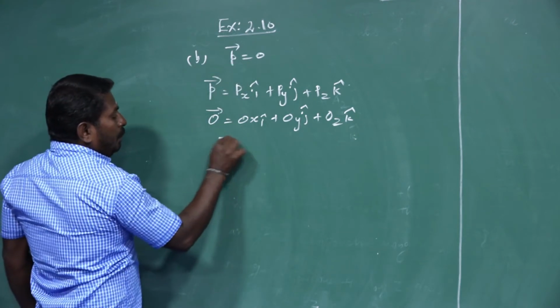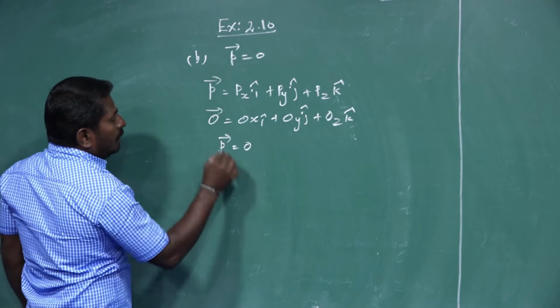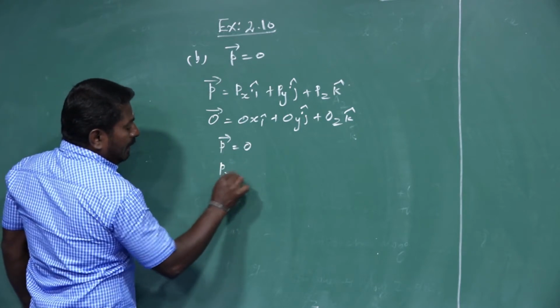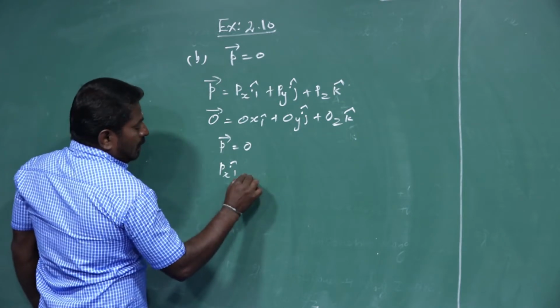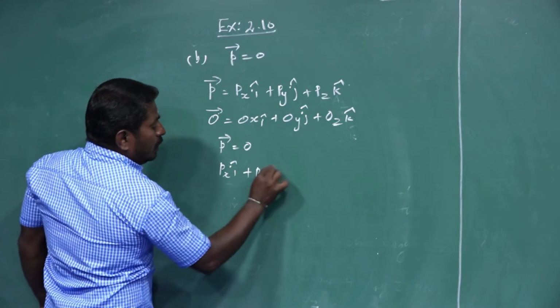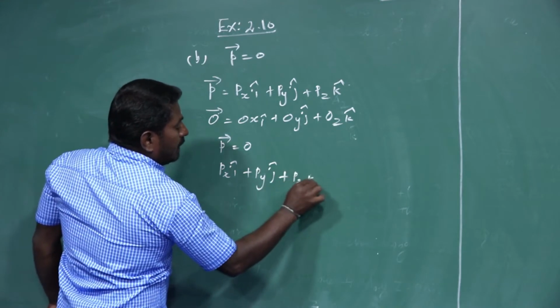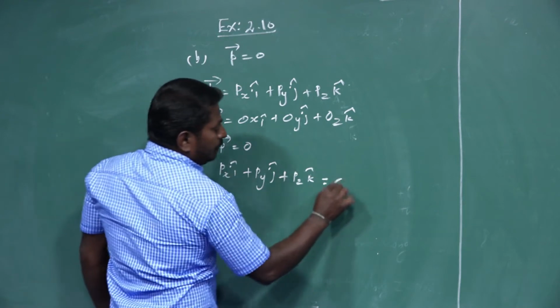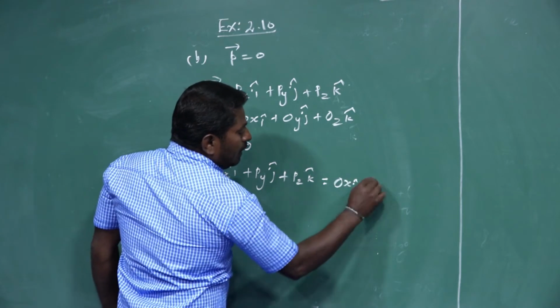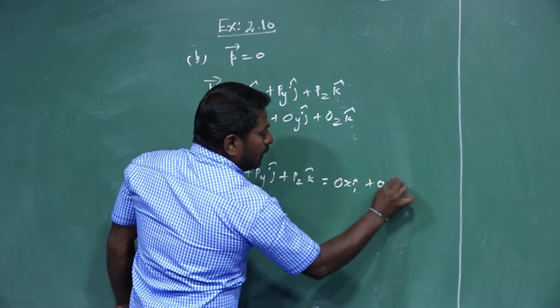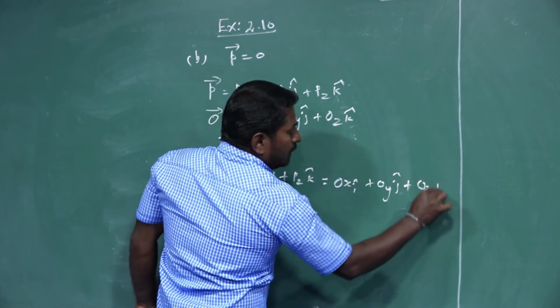Then P vector is equal to 0, so Px i cap plus Py j cap plus Pz k cap is equal to 0x i cap plus 0y j cap plus 0z k cap.